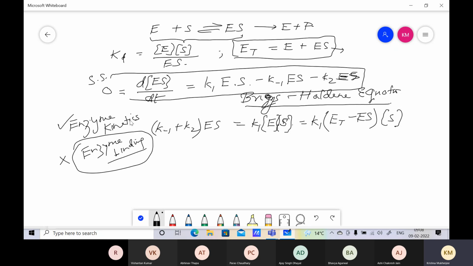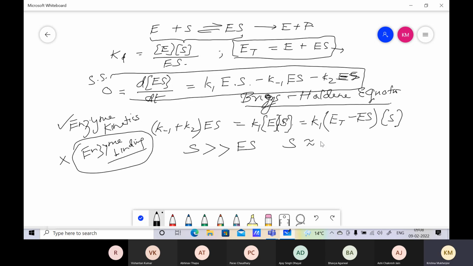What is the difference between these two principles? In enzyme kinetics, the substrate concentrations are very, very high, because we add a very small amount of catalyst. Theoretically, S is much larger than ES, so S does not partition between free substrate and bound substrate.